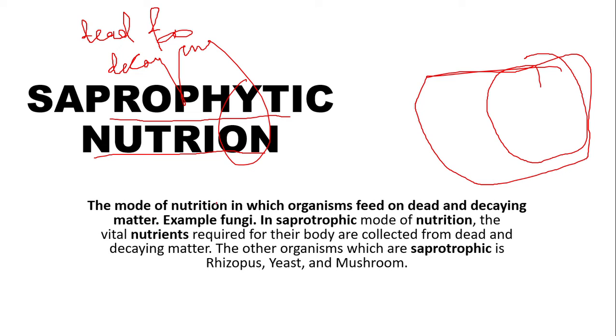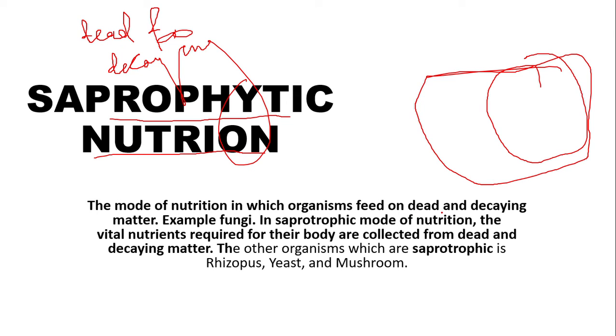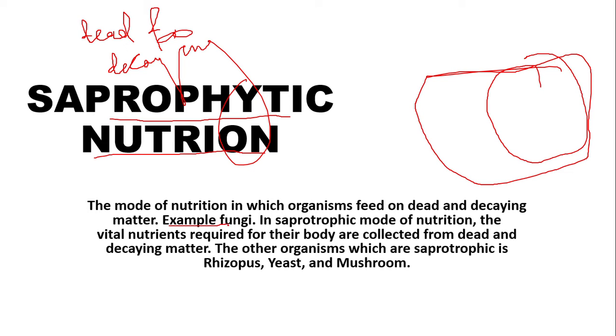The mode of nutrition in which organisms feed on dead and decaying matter is called saprophytic nutrition. So I'll explain: saprophytic nutrition is a mode in which organisms get their food by feeding on dead and decaying matter. We have one example here, that is fungi.